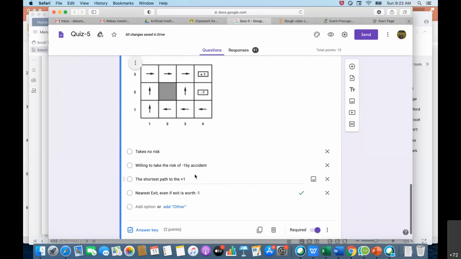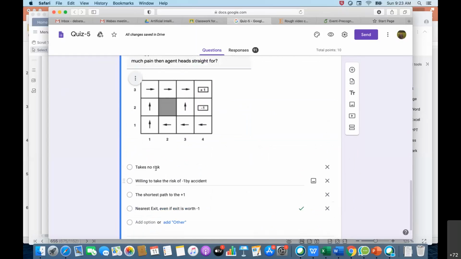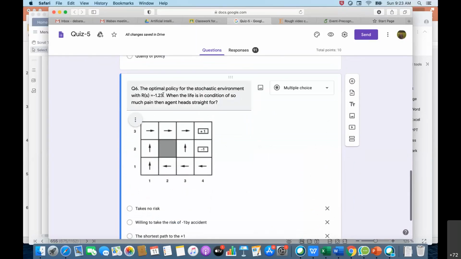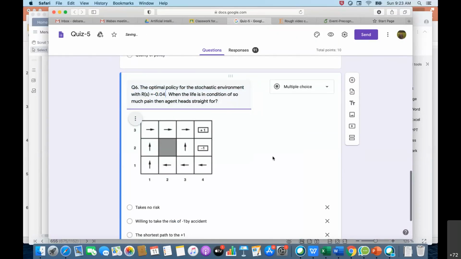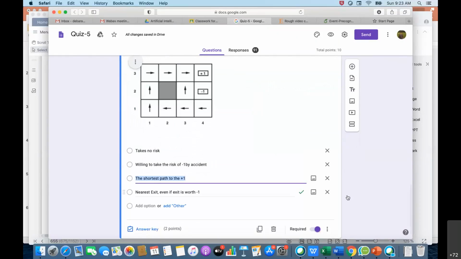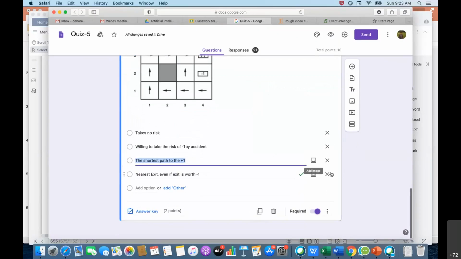So here, actually, the correct option that is given here is supposed to be the shortest path towards the exit. This is supposed to be the correct answer.